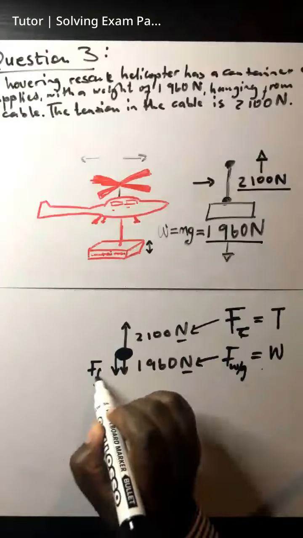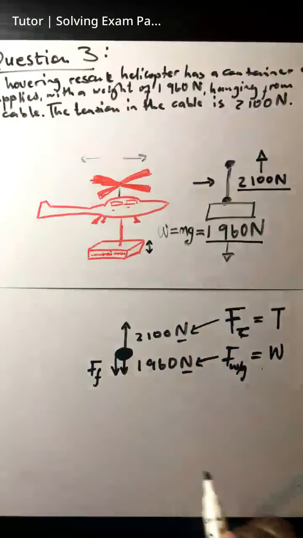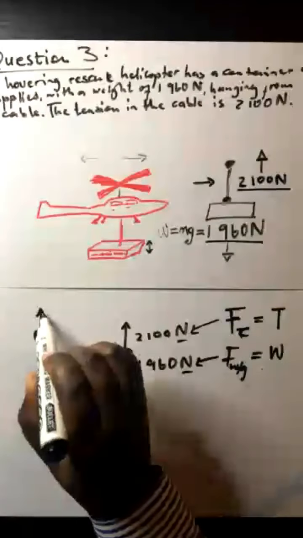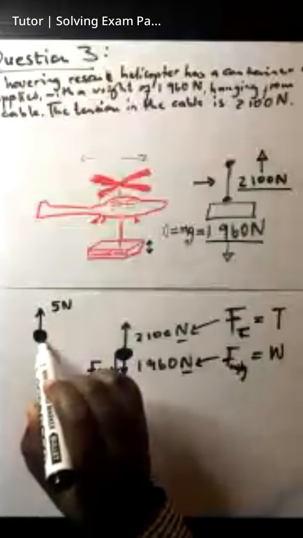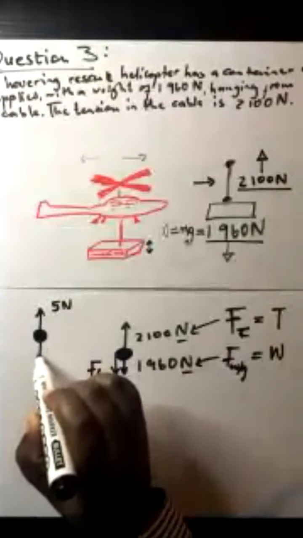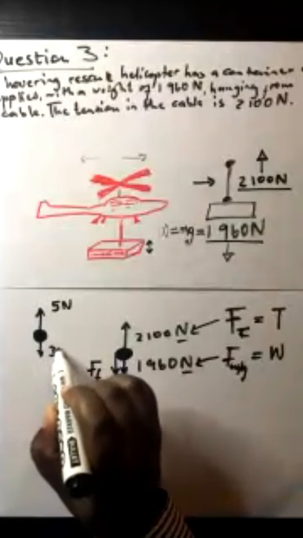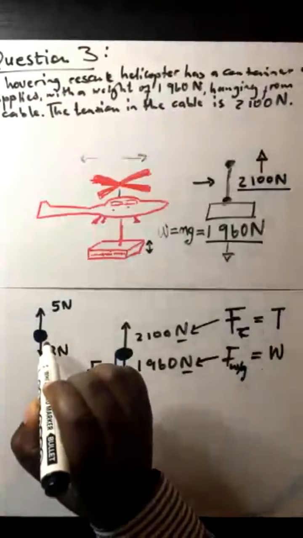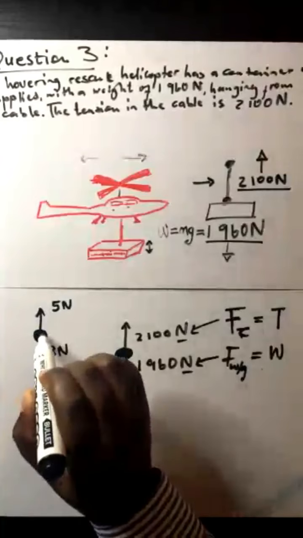What about this force of friction, guys? I'll just give an example. If you have an object which is being pulled upwards with a force of 5 Newton, but its weight is, let's say, 3 Newton. They are not saying this object is moving up or down.